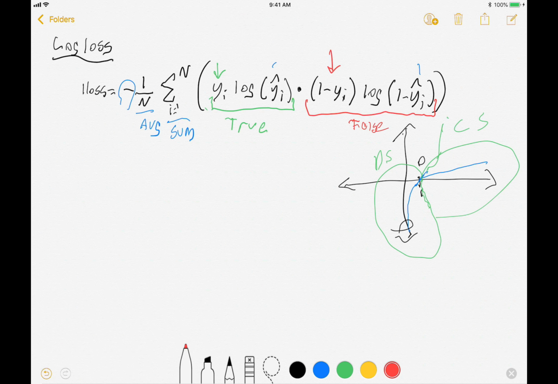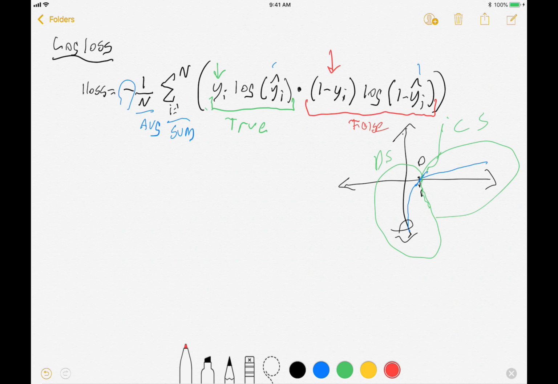But that's good because you had a perfectly correct answer, and you don't want any error to be contributed. If you had guessed 0.9, then the log of 0.9 will be added to your error, but that's not so bad. The closer you get to 0, the worse your score is going to be. Look at the curve on the Cartesian plane that I have drawn.